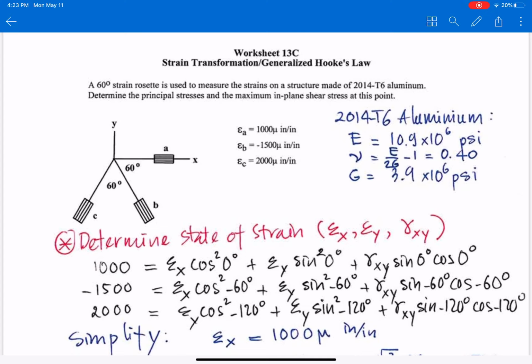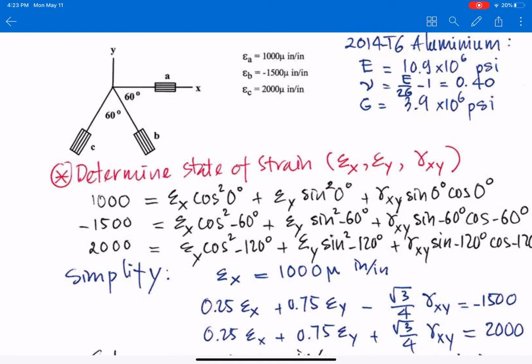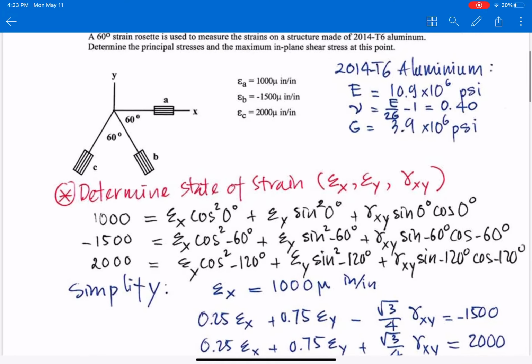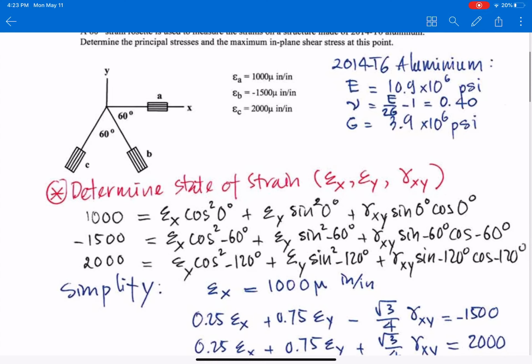As I mentioned earlier, we can go ahead and use the three equations from the strain rosette set. You see that here, the first angle for A, theta A, is 0, theta B is a clockwise rotation from x, so it's negative, and then theta C, another 60 degrees, so it's negative 120 degrees.